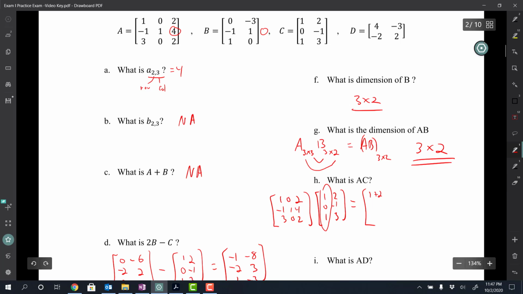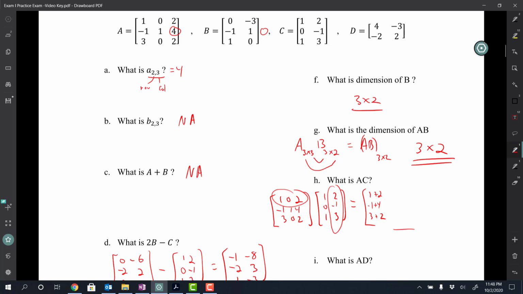And then I would just continue moving down the matrix. So now the next one will be the second row times the first column. I'm going to get -1 plus 4. And the last one will be 3 plus 2. This should generate my first column of this product here. The second column of the product is going to be the second column of C times the first row, then the second row, then the third row, and so on and so forth.